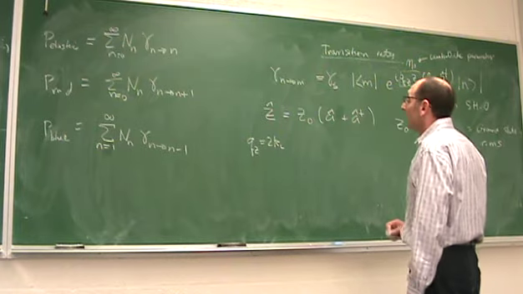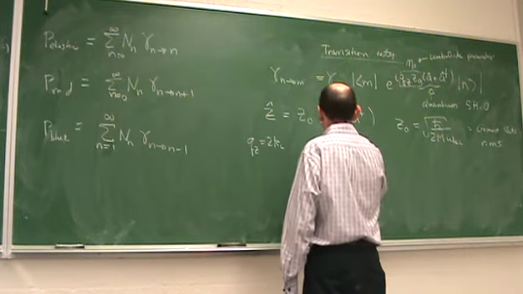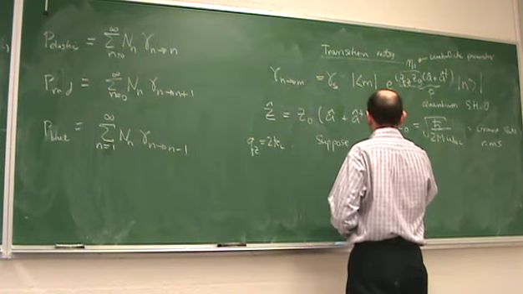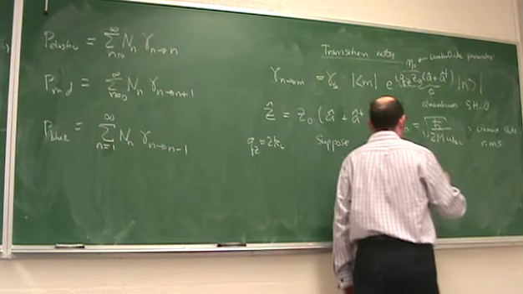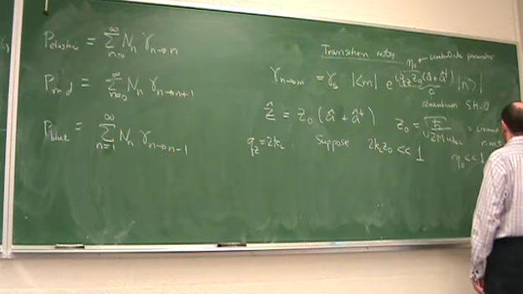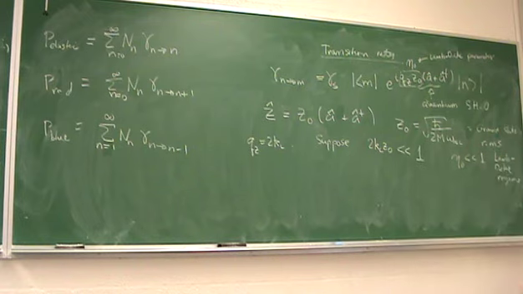So let's suppose that 2k_L z_0 is much, much less than 1. That's to say, we're in the so-called Lamb-Dicke regime, so that the wave packet of the ground state is well localized compared to the wavelength of the light.